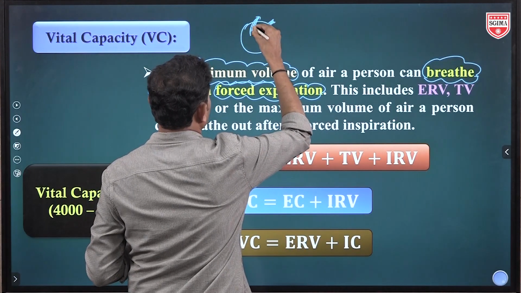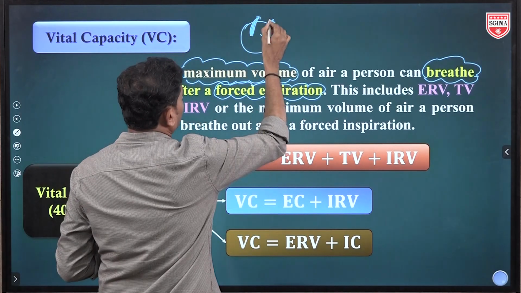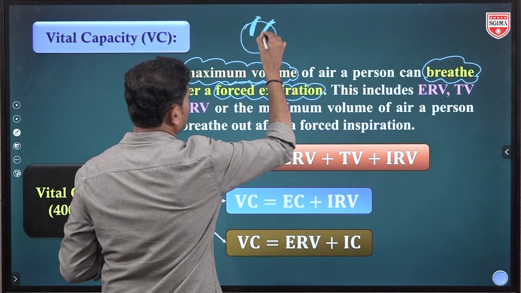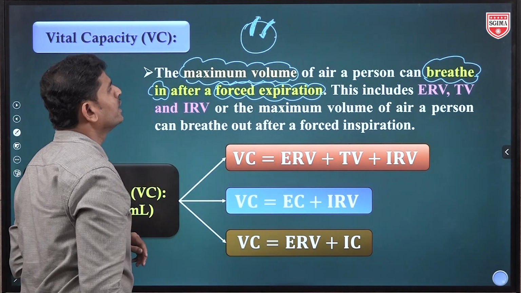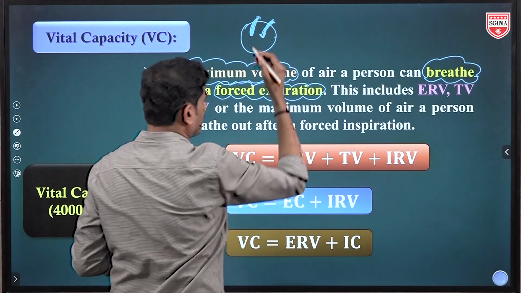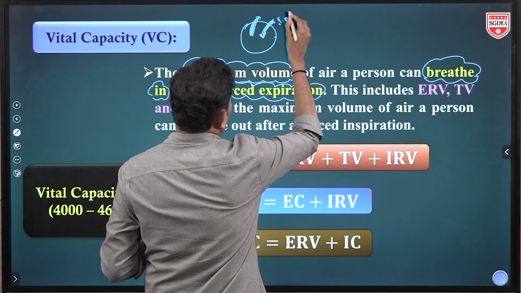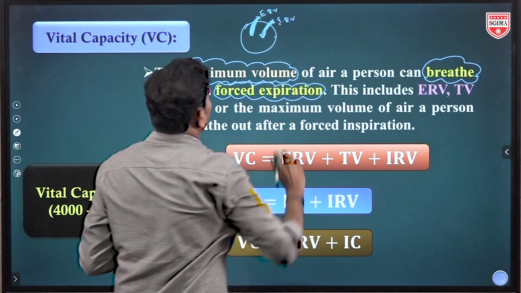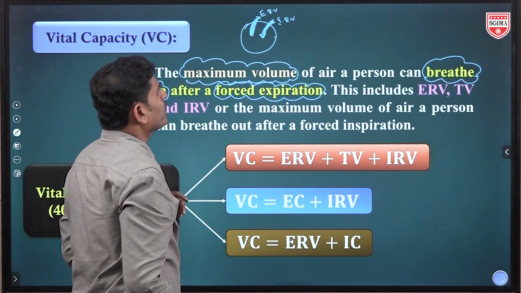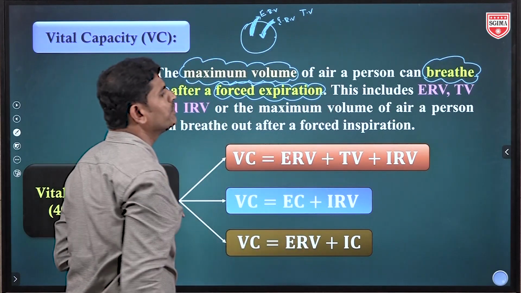After the forced expiration, he was inspiring, and during that inspiration he was getting the maximum volume of air. So here this is IRV, and this is ERV. At the time of IRV or ERV, automatically one more value is included, that is TV also.